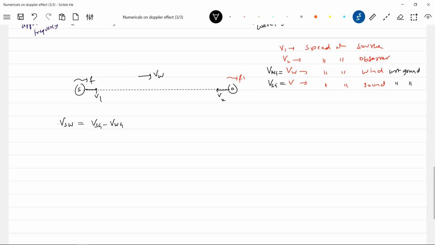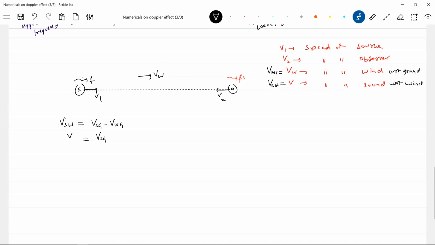I don't know the velocity of sound with respect to ground. That has to be determined. This is the velocity of sound with respect to wind, because it will be propagating in the medium, no? And the medium is propagating. So this should be equal to V.